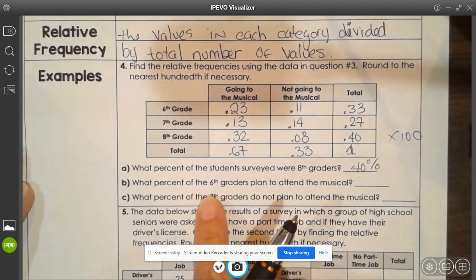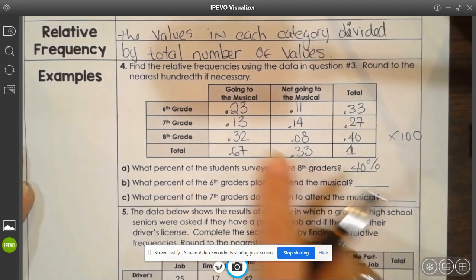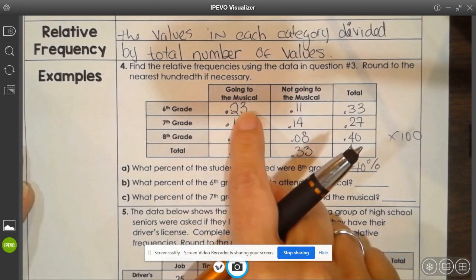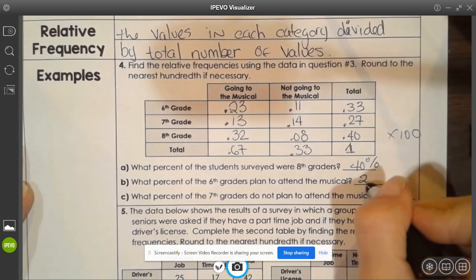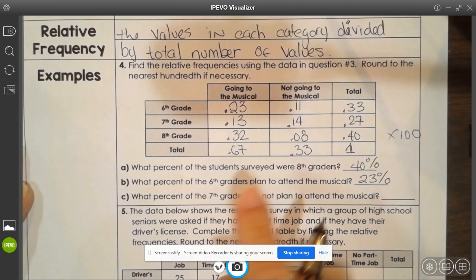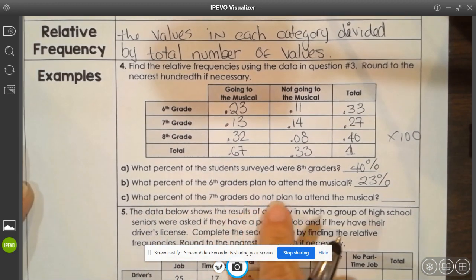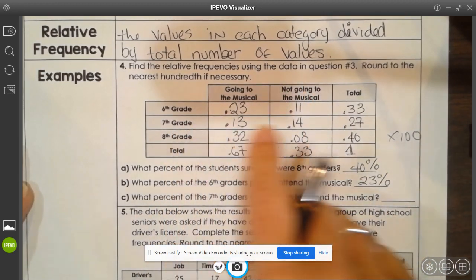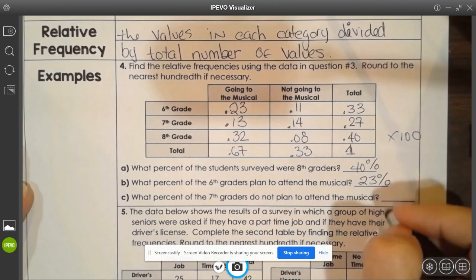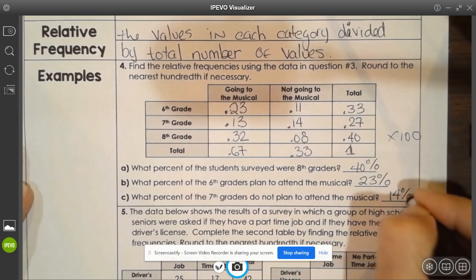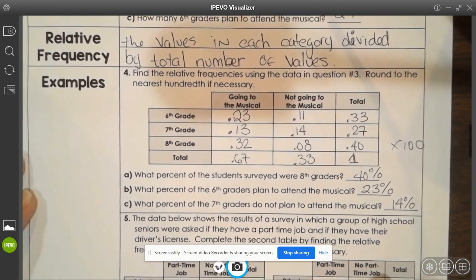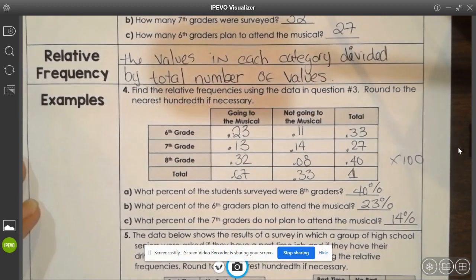What percent of the 6th graders plan to attend the musical? Well, 6th graders going to the musical, that's 23%. All right. What percent of 7th graders do not plan to attend the musical? Oh, right here, 14%. All right. It's all about reading the data here. All right. I hope this helps.